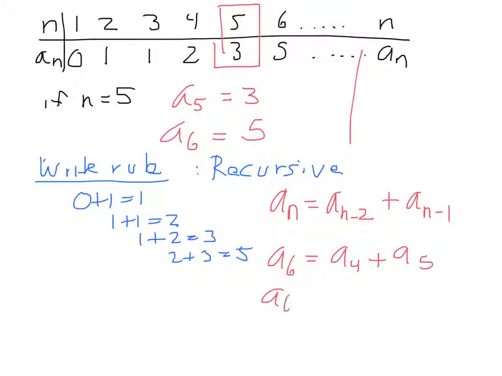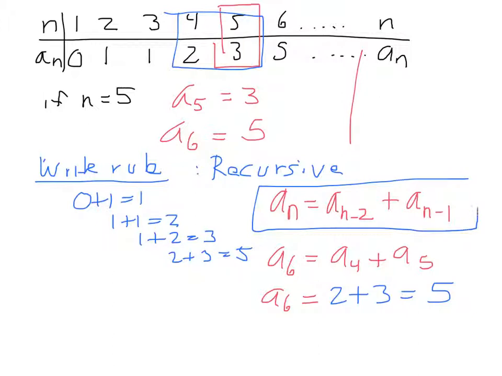Or the sixth term would be equal to the fourth term, which is 2, plus the fifth term, which is 3, gives us a sub 6, which is 5. So this is an example of a recursive rule, a way to define the next term based on the terms preceding it.